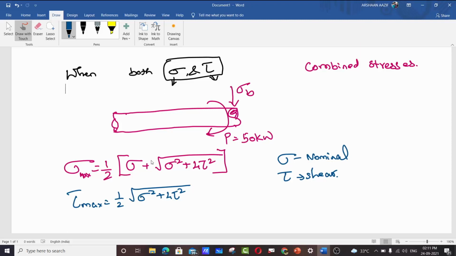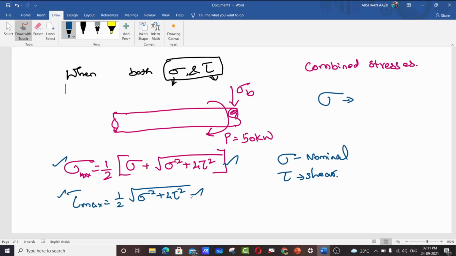So when we design a shaft which is experiencing a combination of stresses, that is a combination of loading, we have to use either this or this equation depending upon what we are designing for. For example, if the material's allowable nominal stress is given, we'll use this equation. If the material's allowable shear stress is given, we'll use this equation.